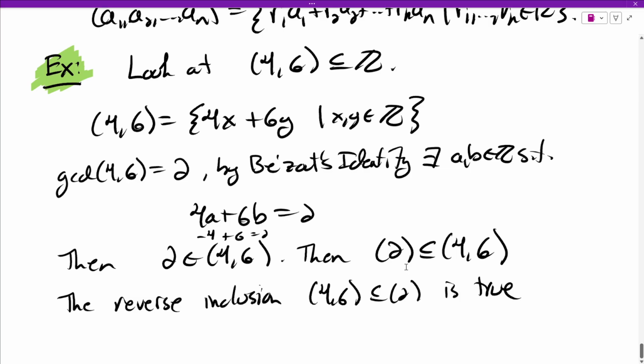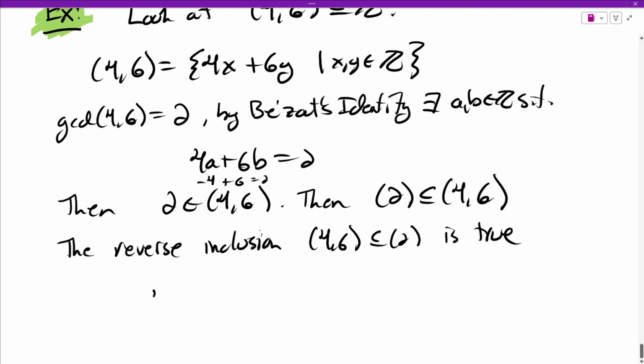This is easy to see here because if you have an element of the left ideal, some 4x plus 6y, you can write that as twice (2x plus 3y). And so it must also be in (2). Okay, so we have a double containment here.